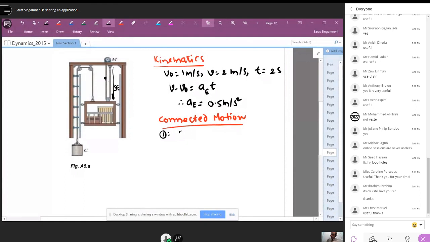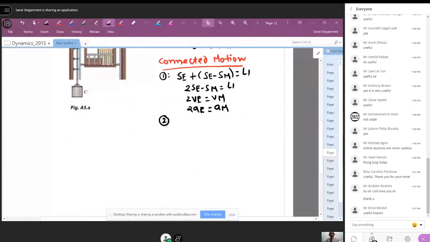We will cut this here and call this s_M. So s_E plus s_E minus s_M is L1. 2s_E minus s_M is L1. From this, 2v_E equal to v_M, 2a_E equal to a_M.